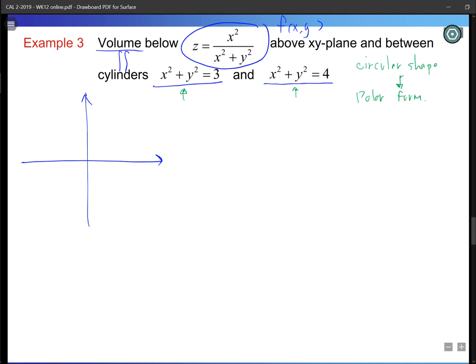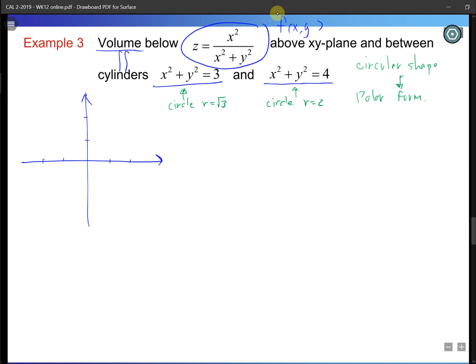Okay, so we have this circle. The first one, circle r equal to square root of 3, and this circle r equal to 2. So let's draw that on this diagram. Okay, we have 1 here and 2 here, 1 here and 2 here.